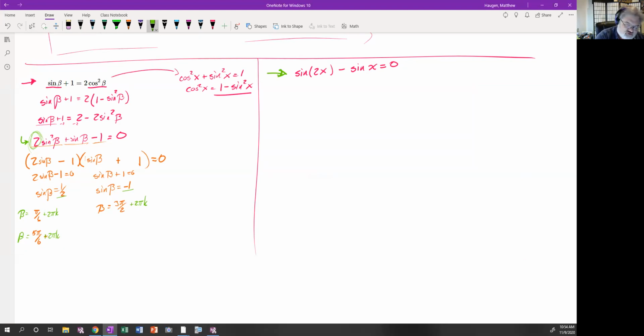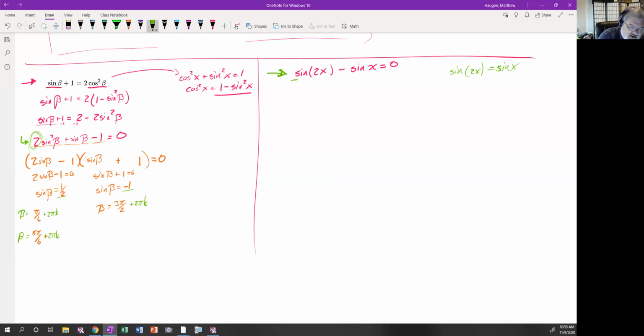We could presumably set these equal and say we've got sine 2x equals sine x if we want to, but then what would we do from there? Even if we tried to take the sine inverse from there, you wouldn't have just 2x equals x. You'd have 2x equals x plus a bunch of coterminals, and it'd be ugly.